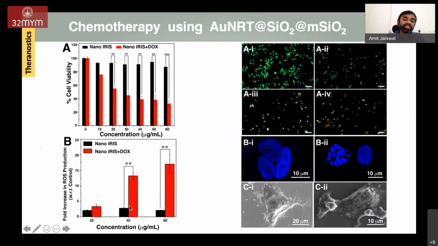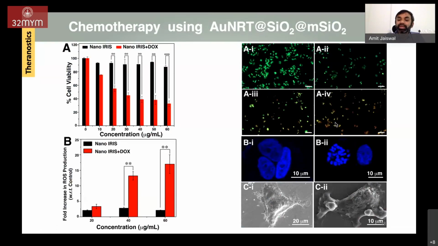Here we have seen the generation of reactive oxygen species, and we have also performed certain apoptotic assays. Through AO/EB staining, we can clearly see the control cells and the treated cells, where we can see the penetration of the ethidium bromide dye because of the compromised cell membrane.